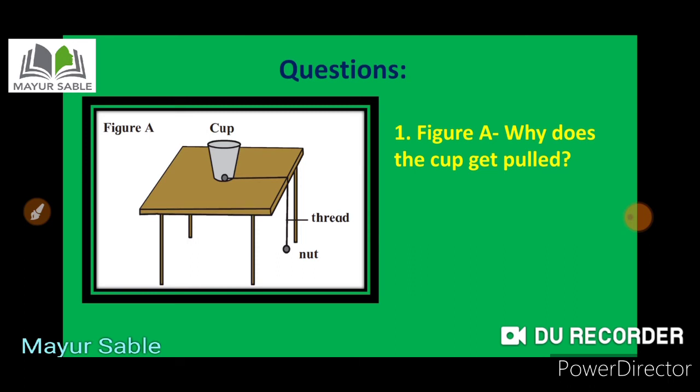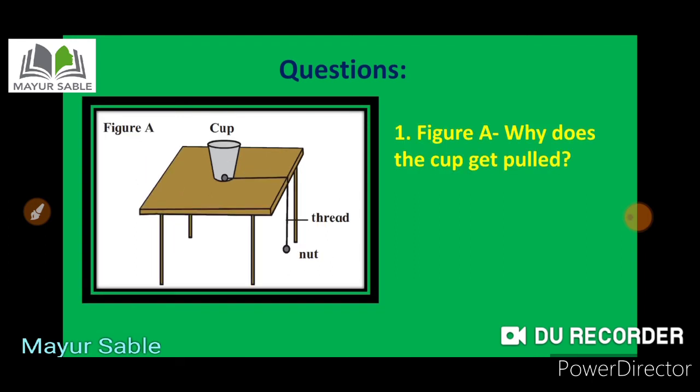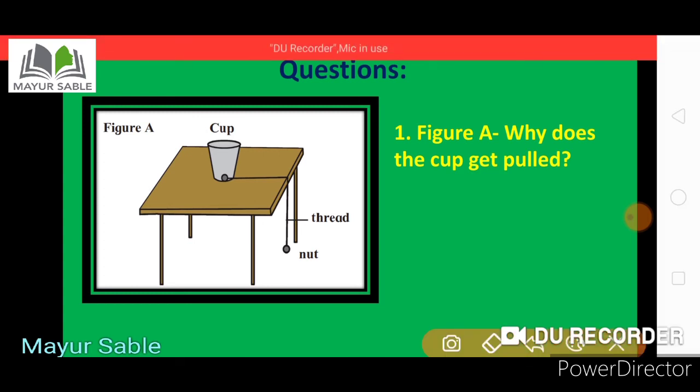You must be knowing that the nut which is tied to the thread and suspended in air experiences some sort of force due to the gravitational force. It means gravitation is going to pull that nut in the direction of the earth, and due to that an unbalanced force is applied and the cup gets pulled.